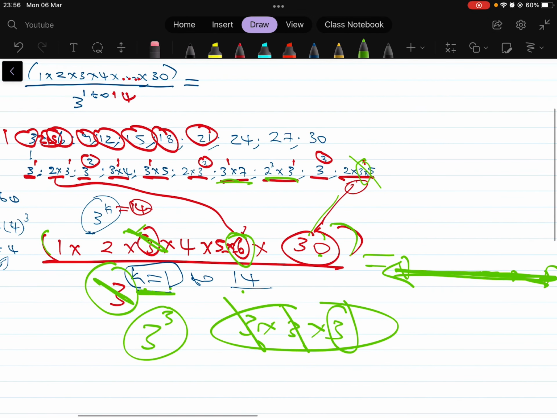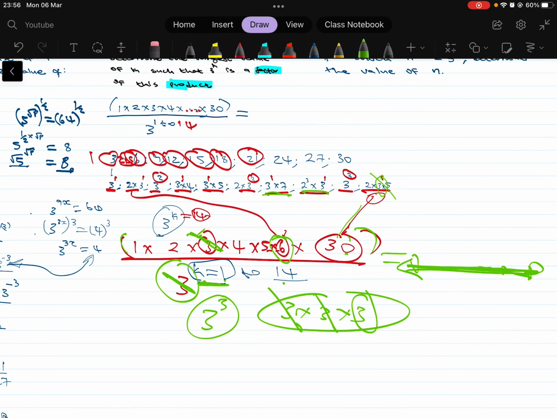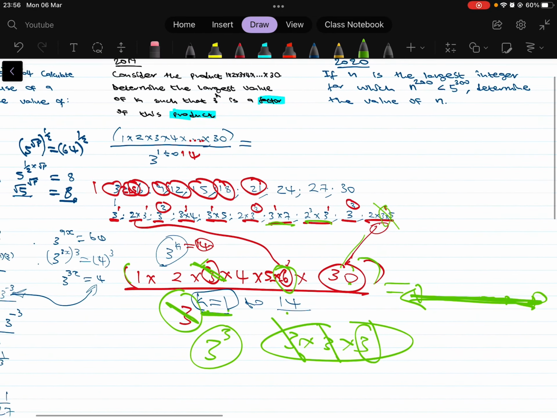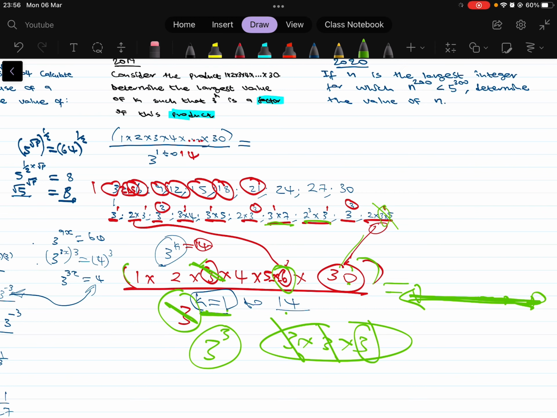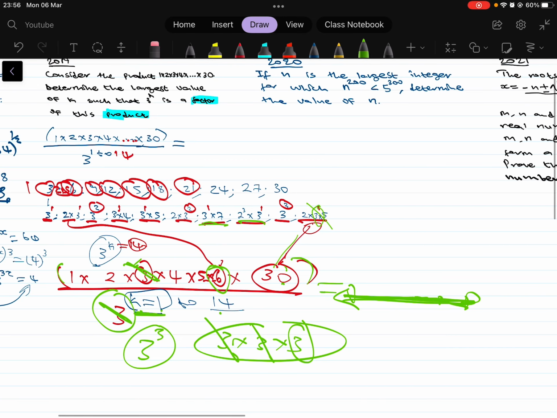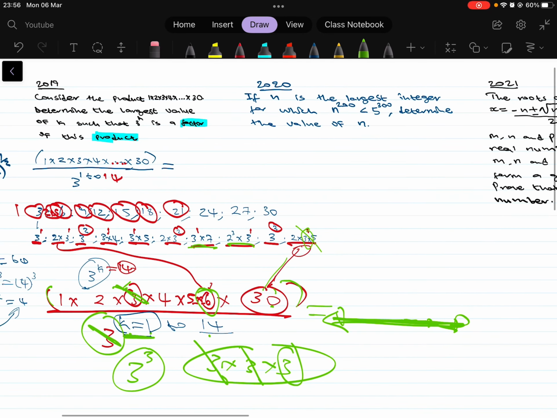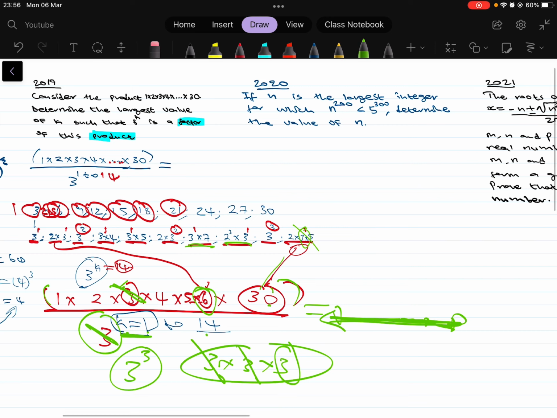I don't know if I complicated this question further than it was supposed to be, or I made it any simpler, but I hope I tried to make sense. I've seen some shorter videos where I understand, but I wonder if the student will understand what they just did. But that's basically how they arrived at 14 here.